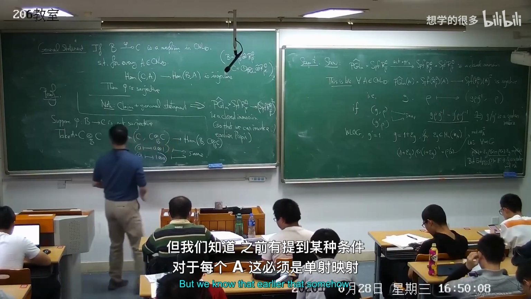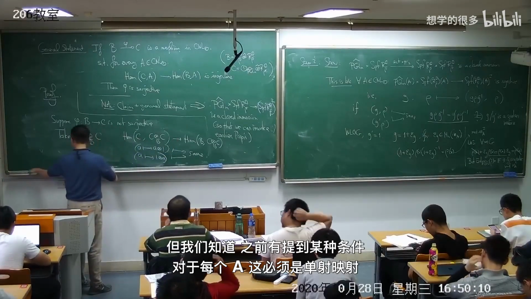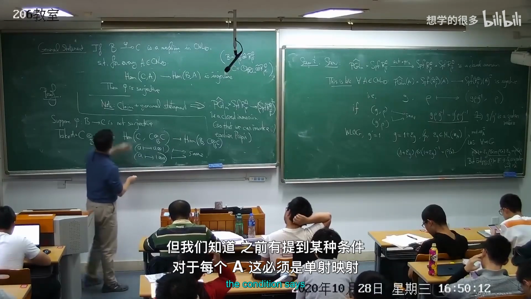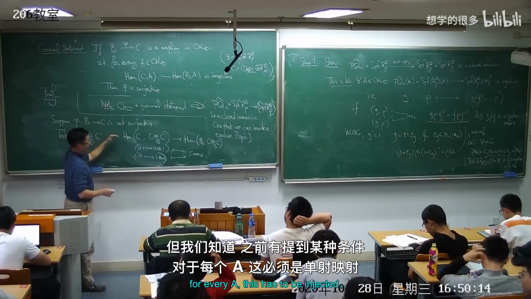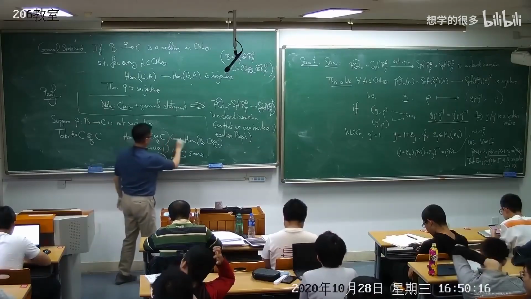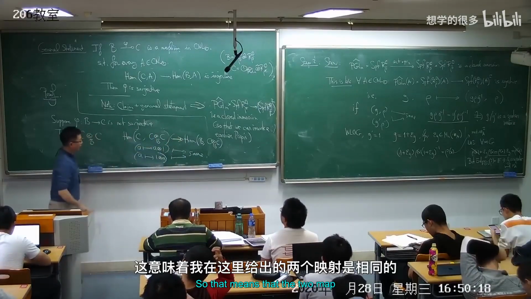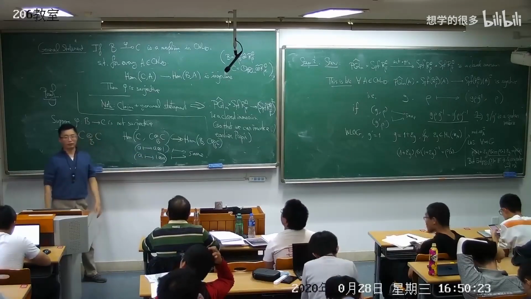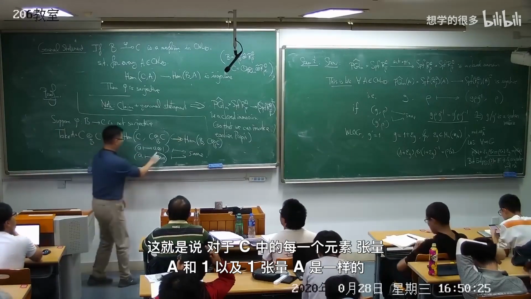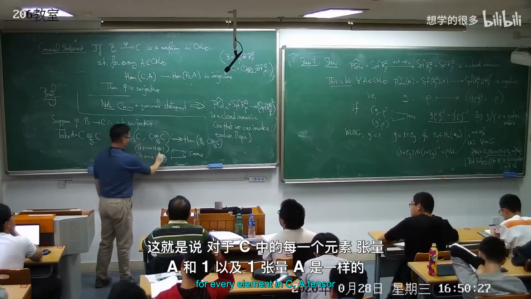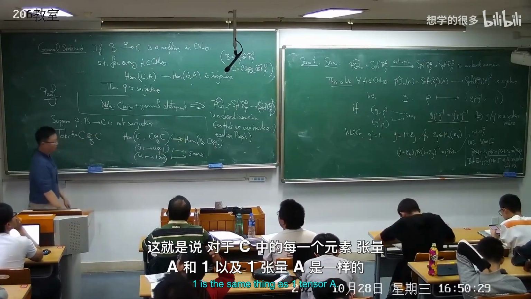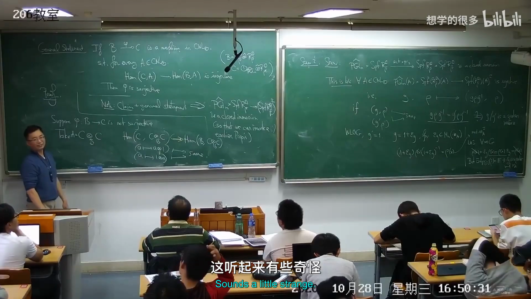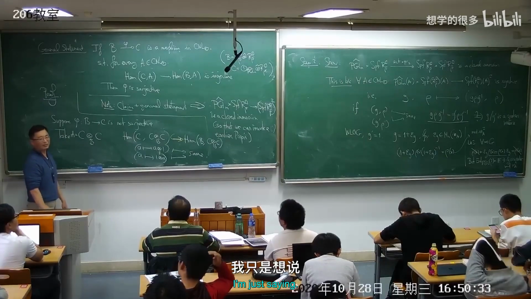But we know earlier that the condition says for every A, this has to be an injective map. So the two maps I gave here are the same map. That means that for every element in C, A tensor 1 is the same thing as 1 tensor A. Sounds a little strange, I have to say.